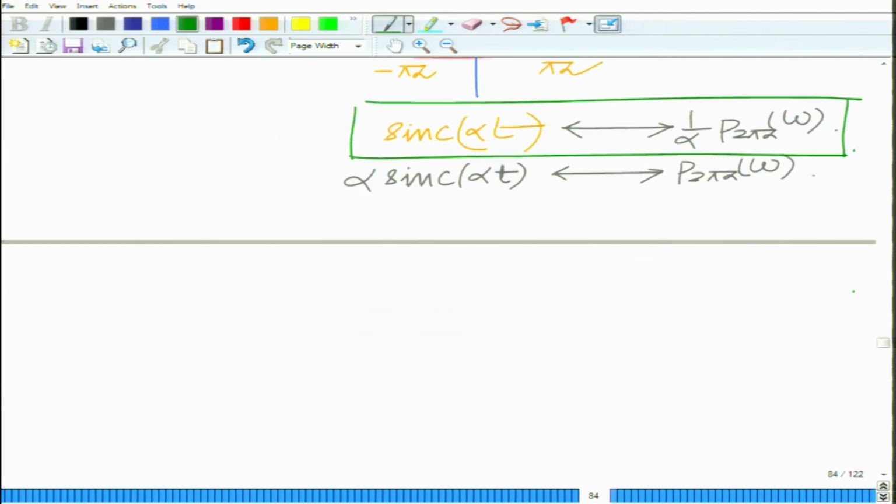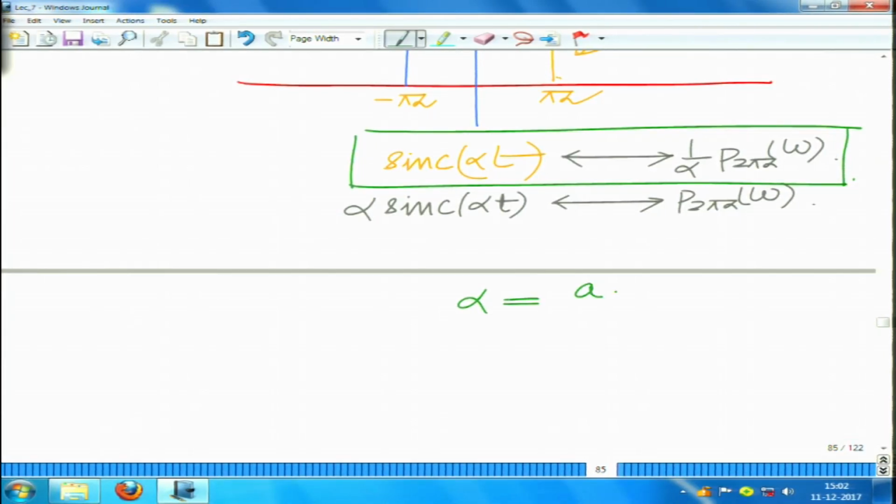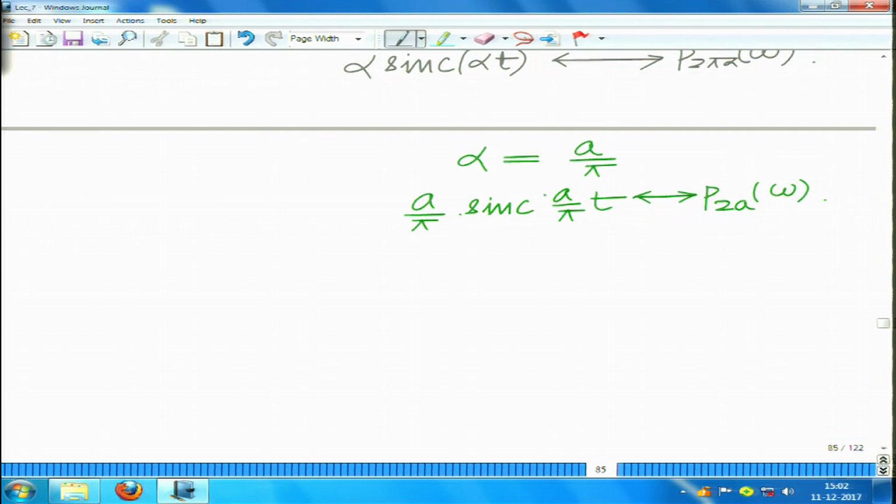And another simple manipulation, if you set alpha equals a over pi, this gives a over pi sinc(a over pi t) has the Fourier transform p of 2 pi alpha, alpha equals a over pi. So, this is p of 2a omega. Now, remember sinc of x is sine of pi x divided by pi x.